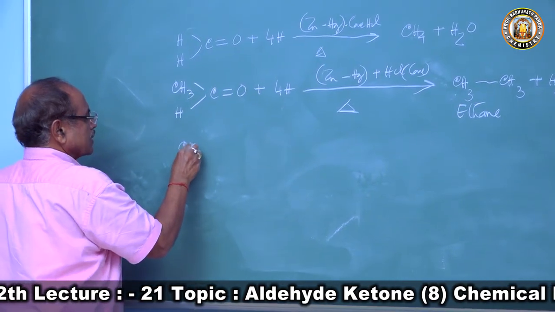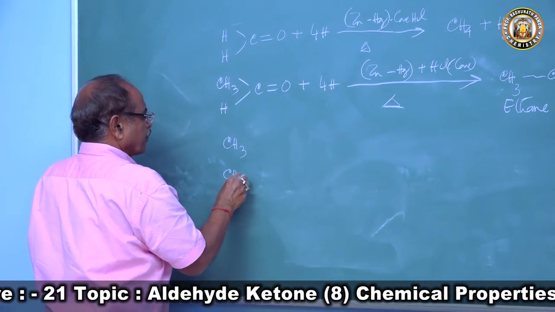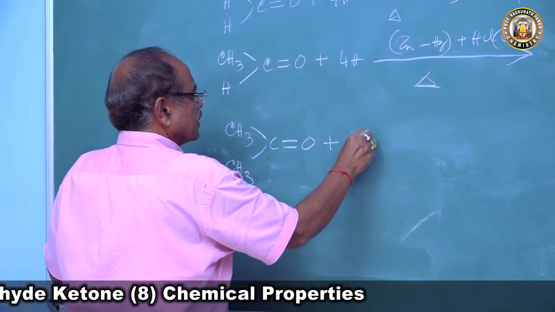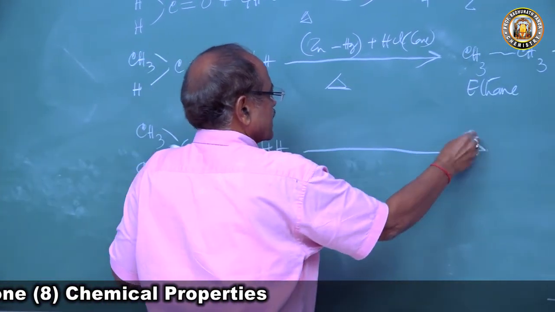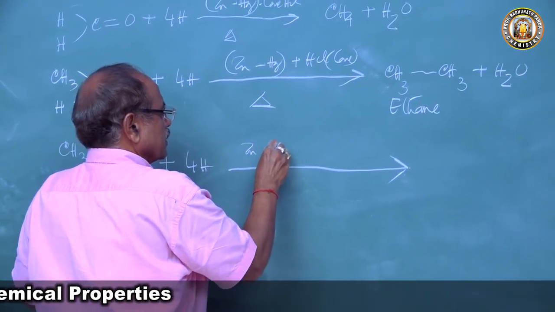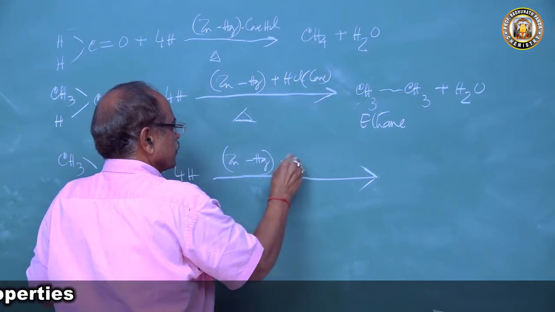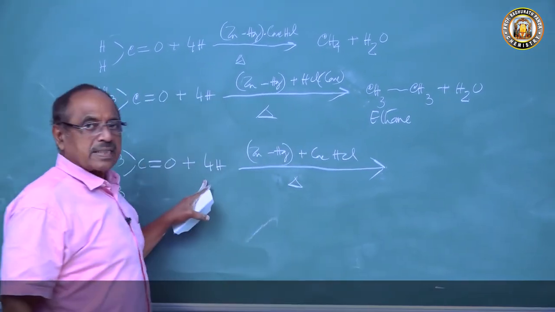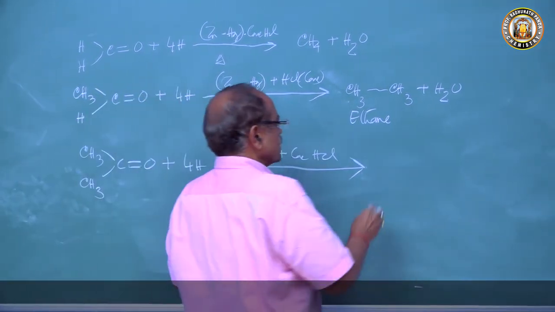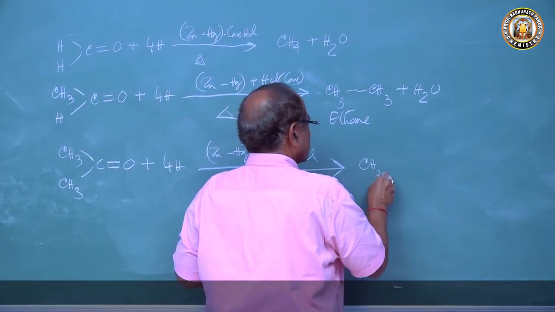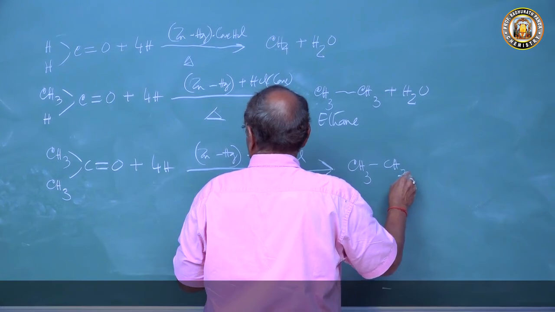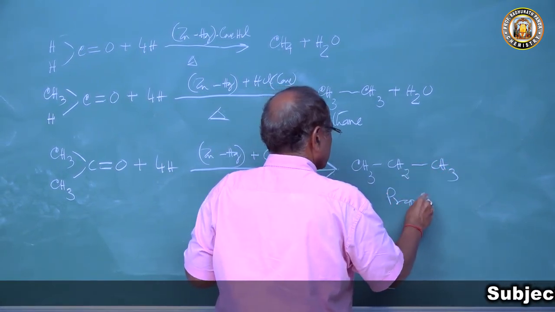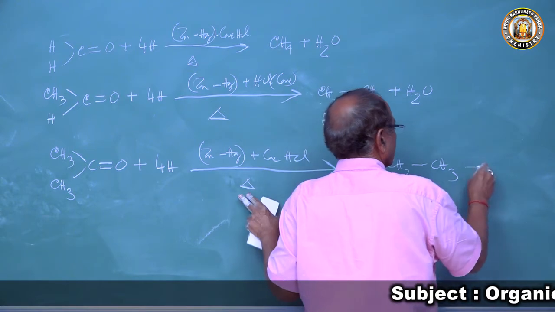Now we will come to acetone, CH3COCH3, and we add zinc amalgam and constant HCl and heat it. The 4 nascent hydrogens are produced. This produces propane, CH3CH2CH3, plus water.